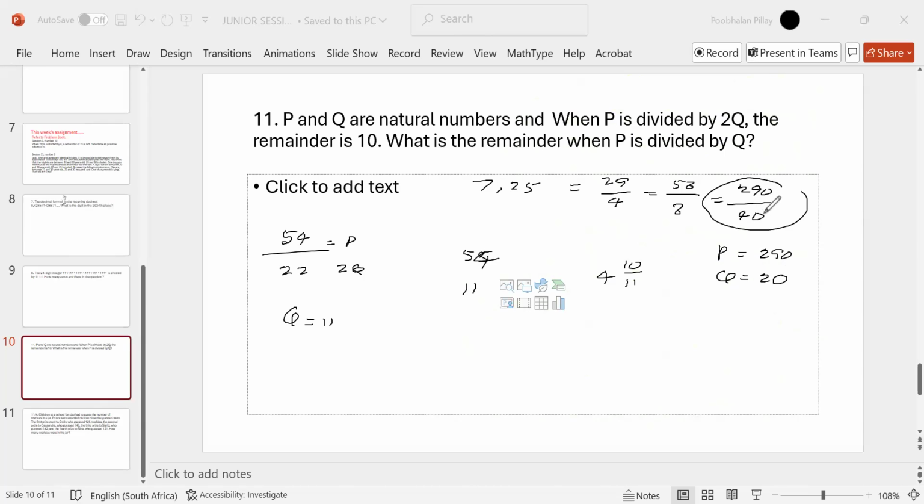All right. So Q is 20. And now, what is the remainder when P is divided by 20? The remainder is still 10. Right?